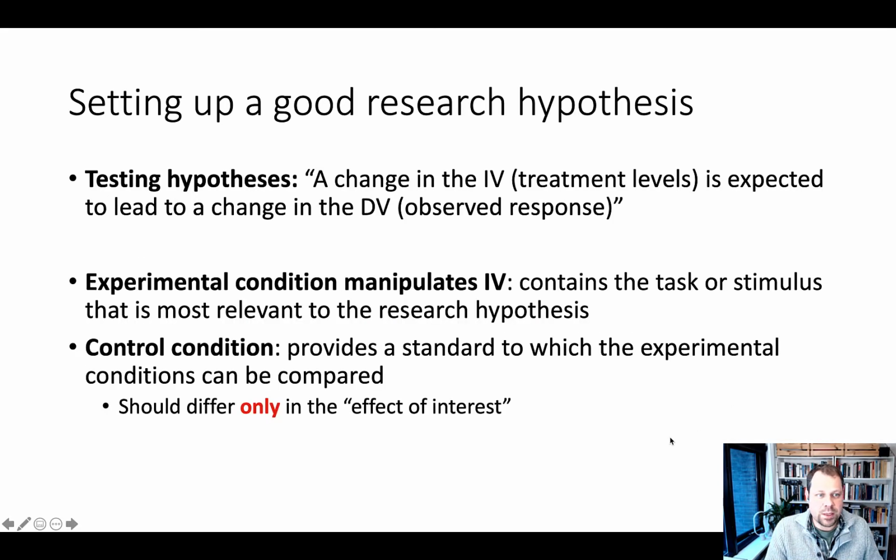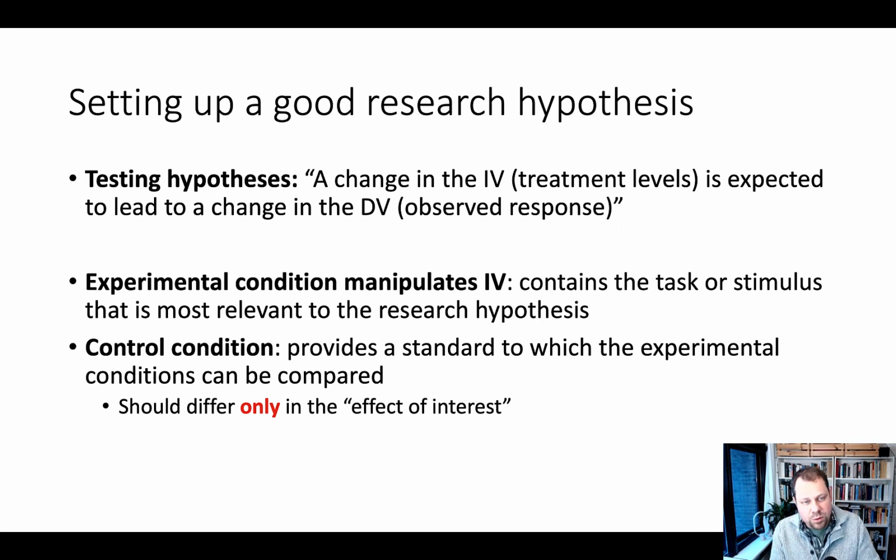So then when it comes to setting up our research hypothesis in the imaging context, we make the assumption that a change in the independent variable obviously leads to a change in the dependent variable. We have an experimental condition that manipulates the independent variable. It contains the task or the stimulus that we're interested in, let's say the trust game, which has this social component.